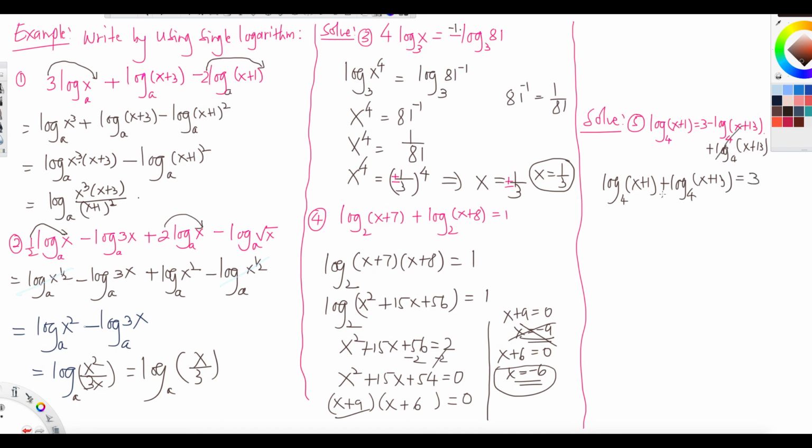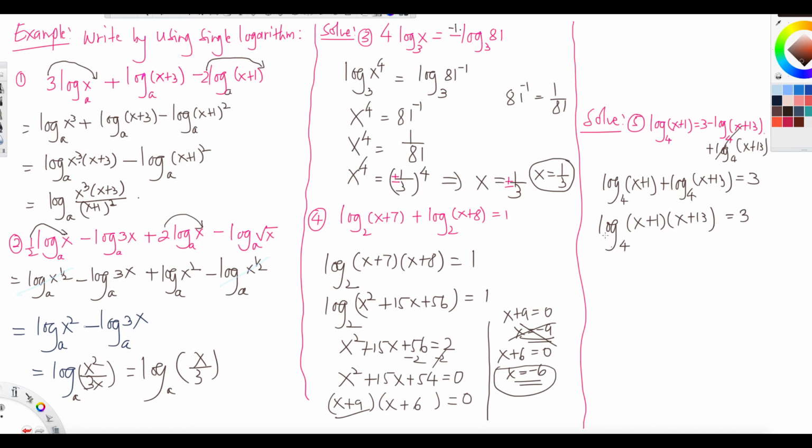Now you combine those two because these two logs are free from coefficients, so you can combine them into one log, so it will be x plus 1 and then x plus 13 equals 3.